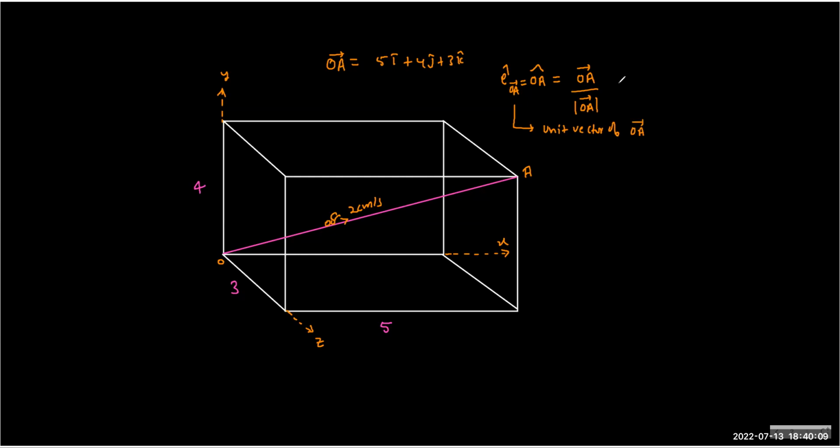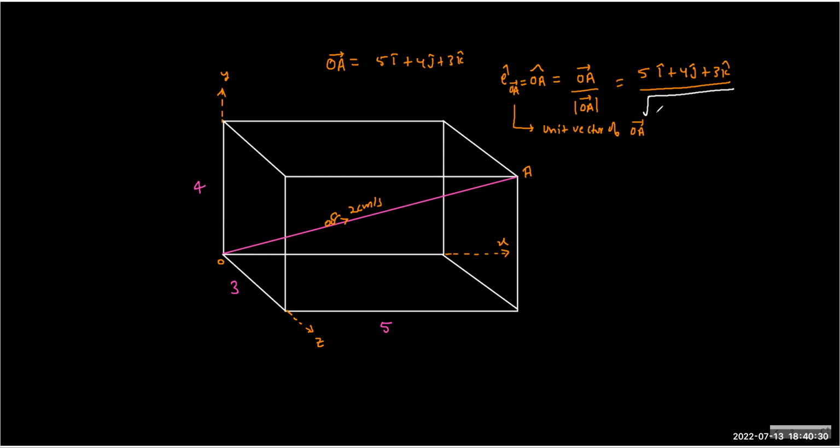And now we know what OA is. You have already identified it, and you are going to divide by the length of OA. How do we find the length? We square and add the coefficients of i, j, and k, right?